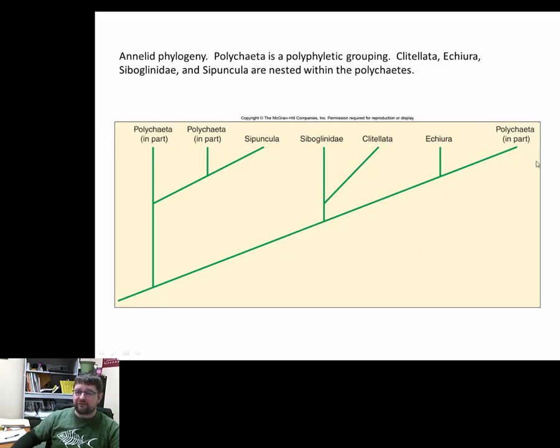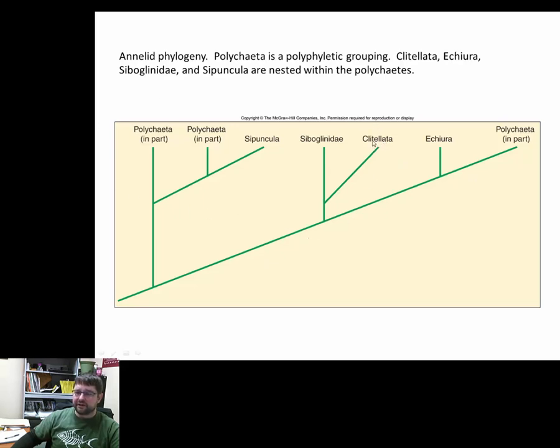You have polychaetes over here, you also have them here, you also have them here. So these guys clearly need to be reclassified. The Clitellates and Siboglinidae, we need to talk about that Siboglinidae group and figure out, are they truly a sister group to Clitellates? So there are lots of things going on.